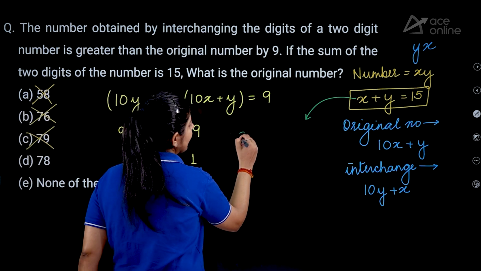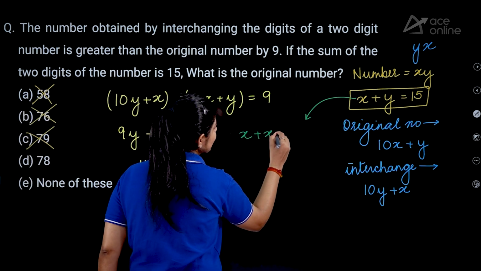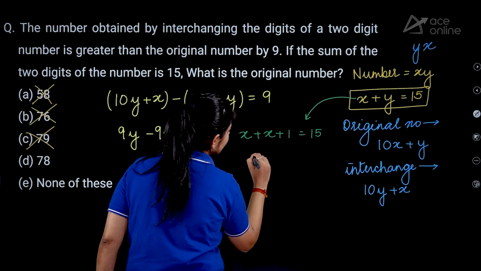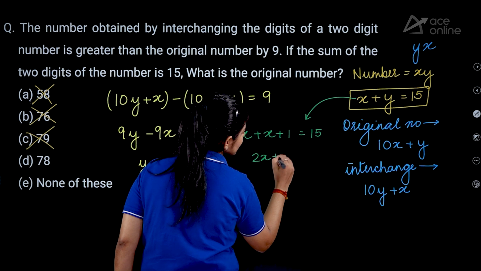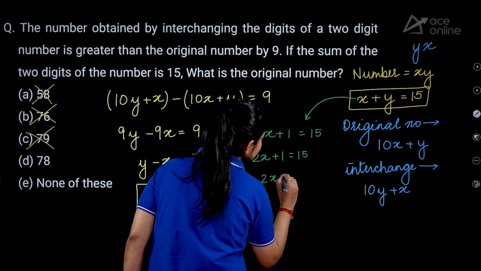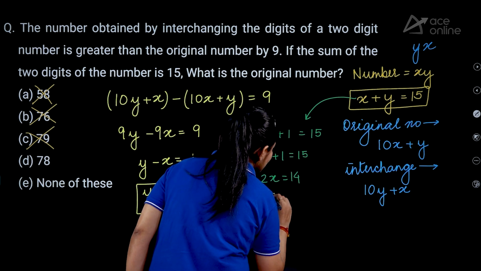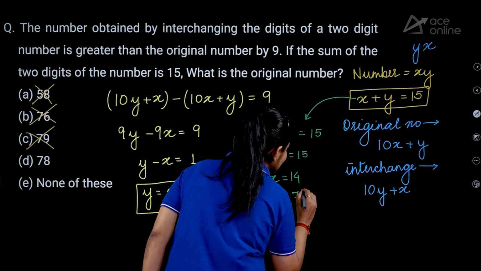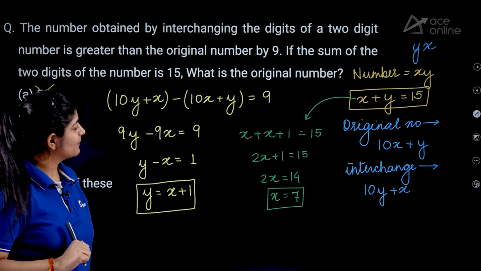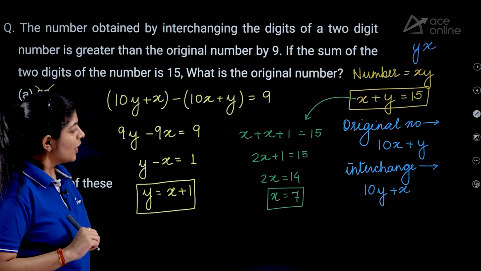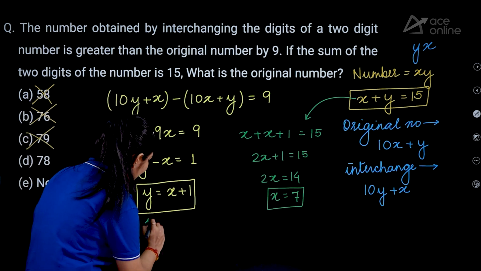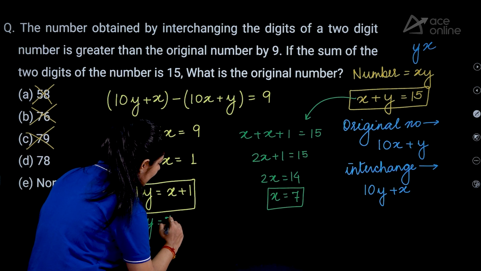So I can write x plus 1 plus x equals 15. So here we have 2x plus 1 equals 15. That means 2x equals 14, so the value of x is 7. The value of x that we are getting in this case is 7. When I put this value over here, I simply get my value of y, that is 8.